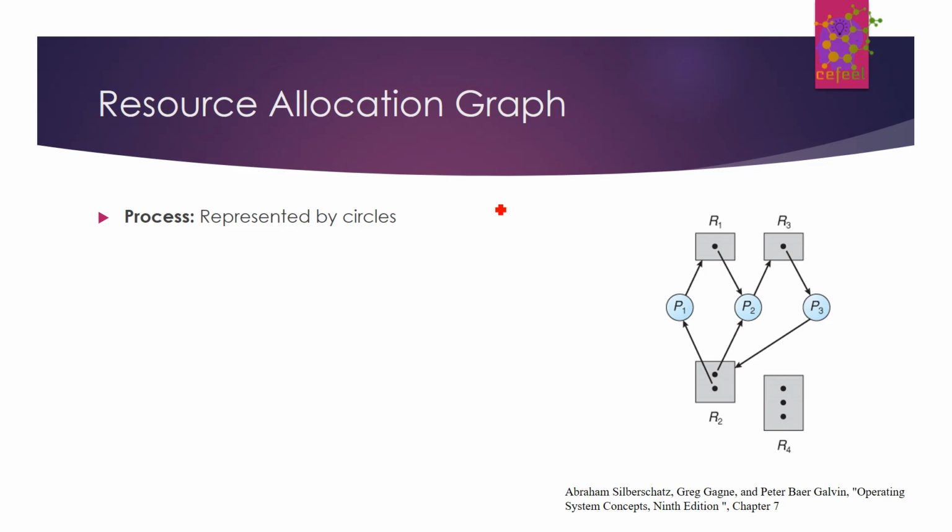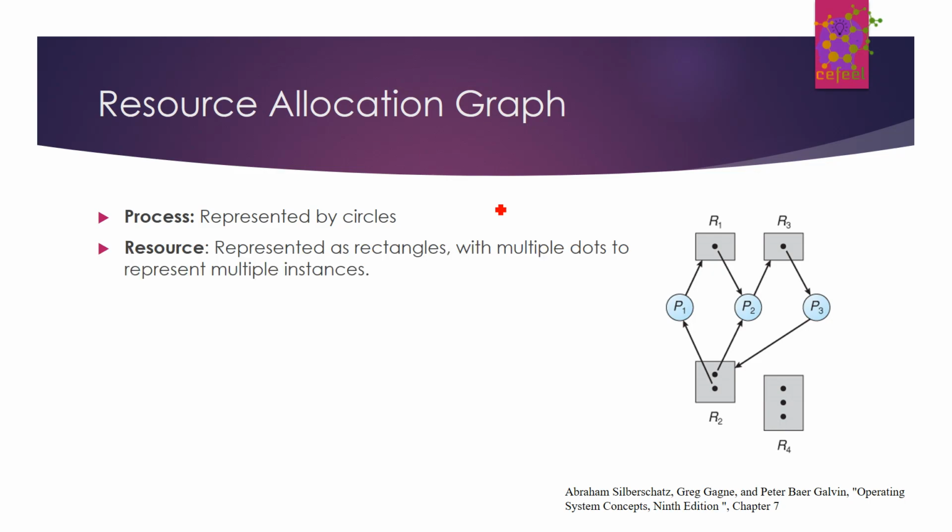In this example we have P1, P2 and P3 as 3 processes. Resources are represented as rectangles, and when there are multiple instances of a resource, we use dots to indicate them. For example, resource R2 has 2 instances, represented by 2 dots here. Similarly, R4 has 3 instances, represented by 3 dots here.